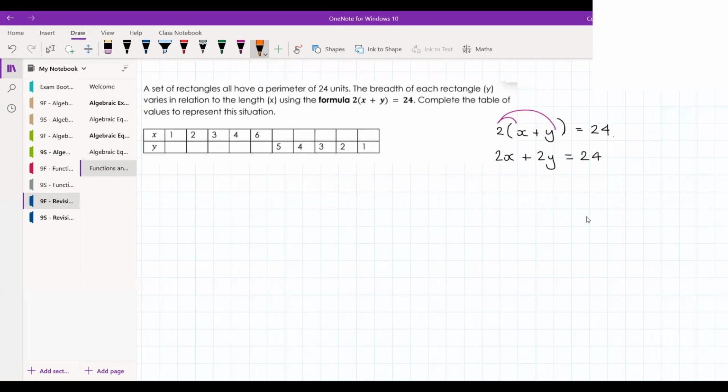We're going to transpose. Basically, all we're going to do is take it over the rainbow, take it to the other side. But we know that when it goes to the other side, it's going to become negative. So we're going to end up with 2y is equal to 24 minus 2x. Right. Now I can ask you guys then, how do we get rid of this 2? How do I get rid of that 2?